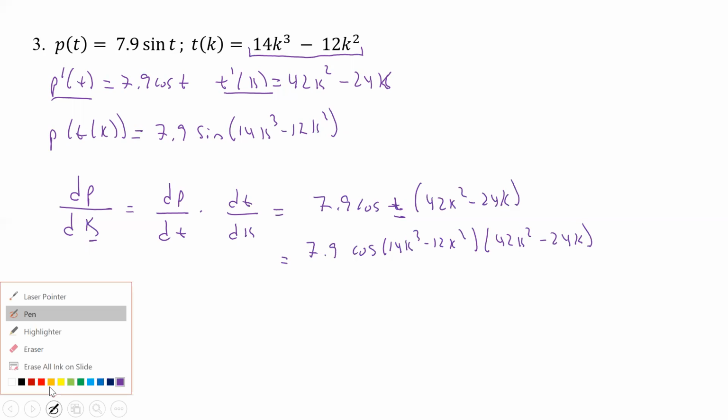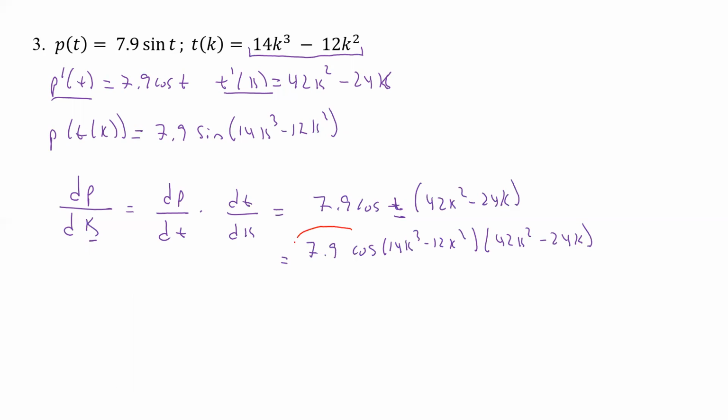And so if we're circling first and second answers, that would be my first answer. That would be my dp dk. Everything's in terms of k over here, and I've made sure I've done my derivatives, and so I just plugged them in, dp over dt, dt over dk, and I got that.